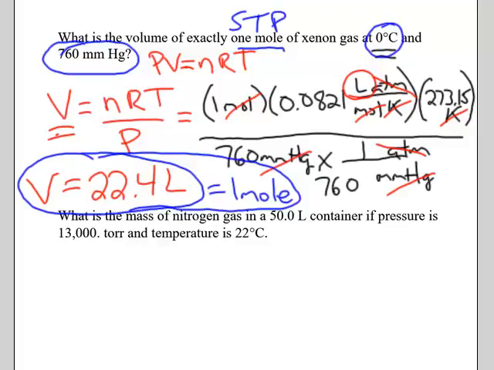Notice we never used the fact that this was xenon gas. If this had been helium or argon, we would have gotten exactly the same answer. So we can use this as a conversion between moles and liters, and it doesn't matter what the identity of the gas is.